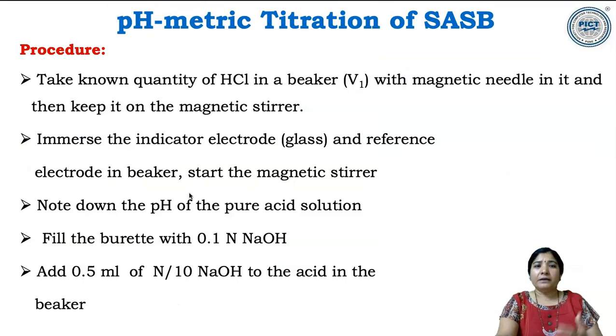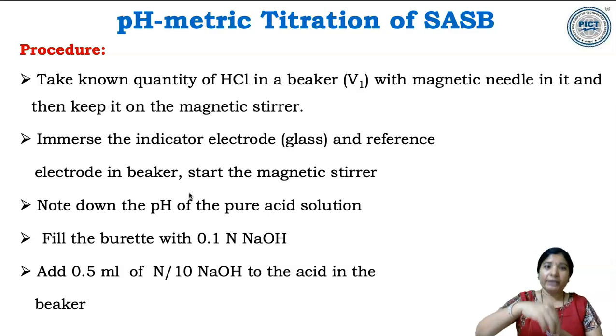Then, since it's a titration, we have to take a known quantity of HCl in a beaker. Suppose V1 ml of HCl we have taken in a beaker, and in that beaker we keep the magnetic needle for stirring, and then that beaker is kept on a magnetic stirrer.